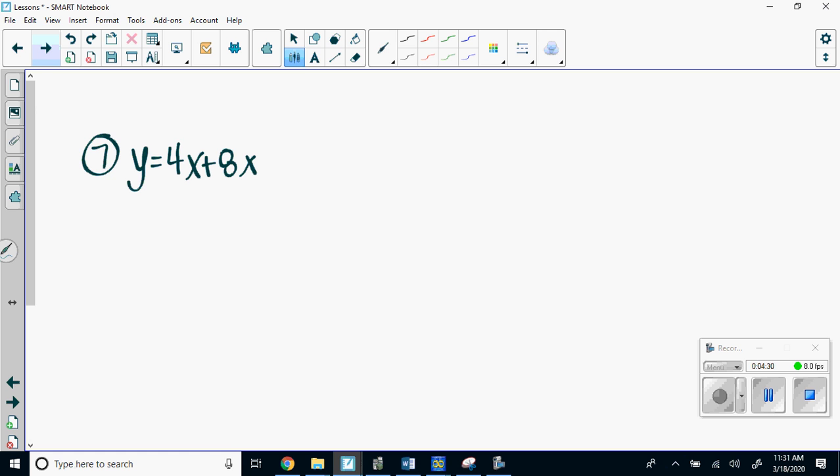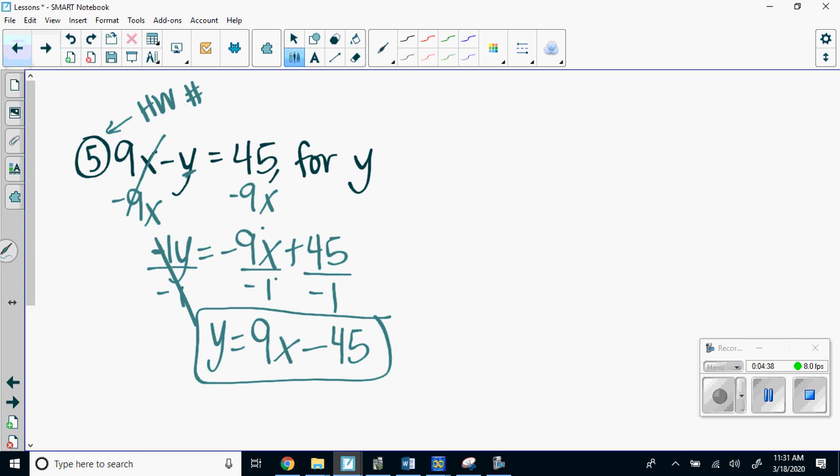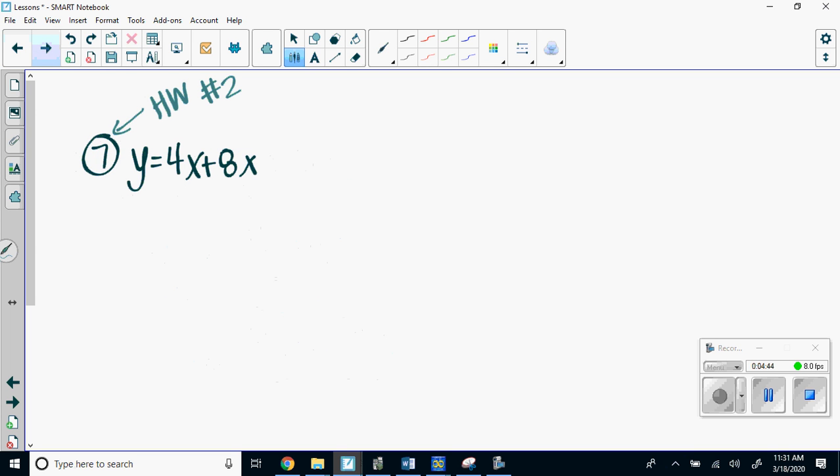Okay, this is number 7 from the homework assignment. Ooh, you know what? I think I messed up on this one. I said homework number 3. Number 5 was from homework number 2. My bad. Sorry. So homework number 2. On this one, our job is to get x by itself.